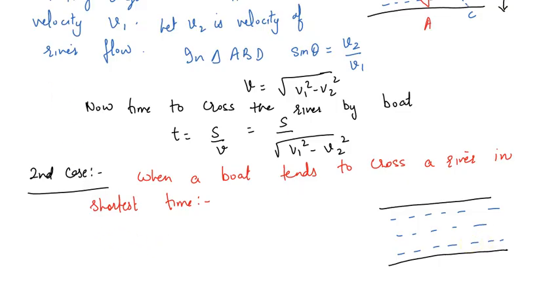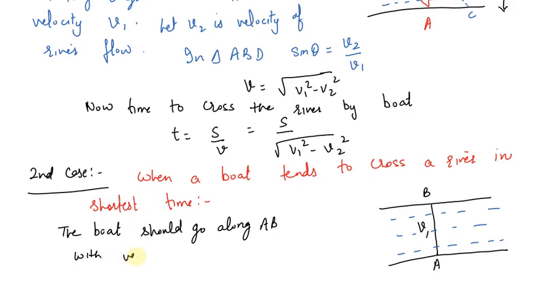The boat should go along AB like this with the velocity V1.